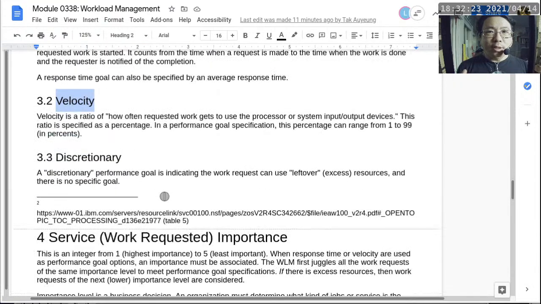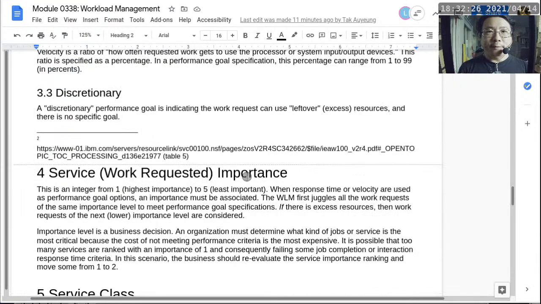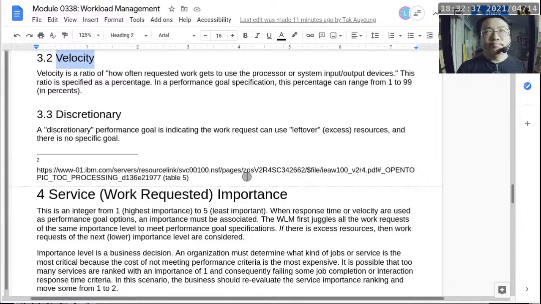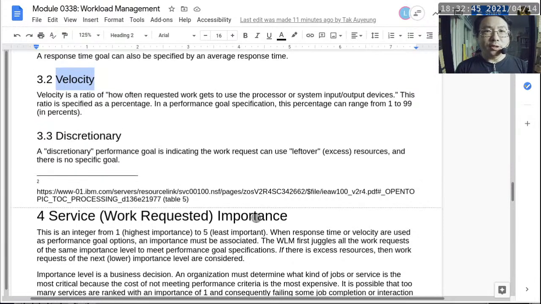Velocity combined with importance is, I think, ultimately what is going to determine the actual performance of a batch job. But there's no mathematical way to look at just the velocity setting and also the importance, because it also depends on what other things the server is doing, because everything is basically relative to everything else.